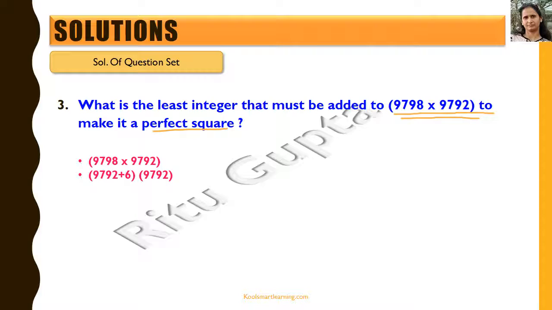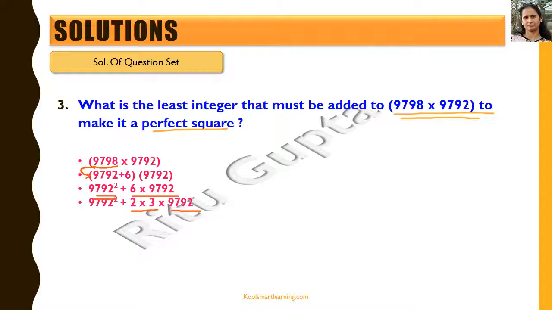We rewrite 9798 as 9792 plus 6. And now if we open this bracket, we get 9792 square plus 6 into 9792. Now this can be written as 9792 square plus 2 into 3, which is 6 written as 2 into 3, multiplied by 9792.